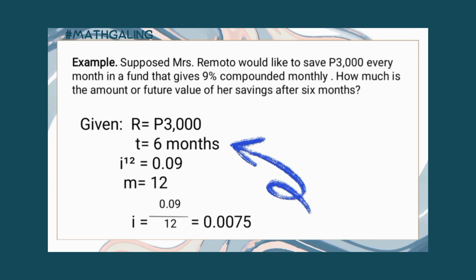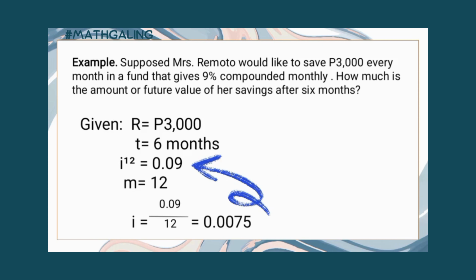T represents the time, it is 6 months. And our interest rate per annum, or i^(12), is equal to 0.09. From 9%, we convert it to decimal, so we have 0.09.